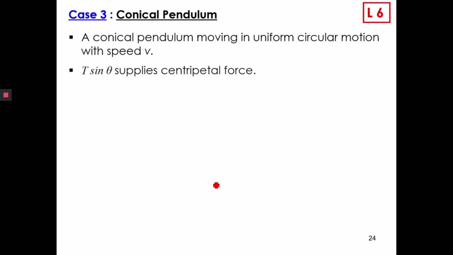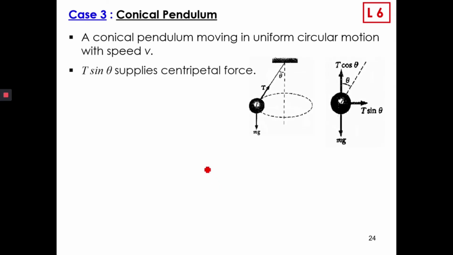Case 3, conical pendulum. A conical pendulum moves in a uniform circular motion with speed v. Based on the diagram given, when we have an angle and we resolve into x and y components, the force towards the center is given by T sine theta.